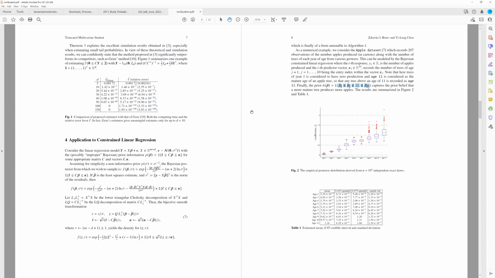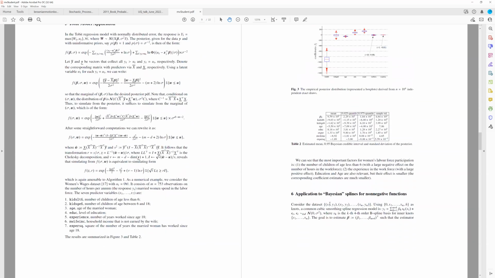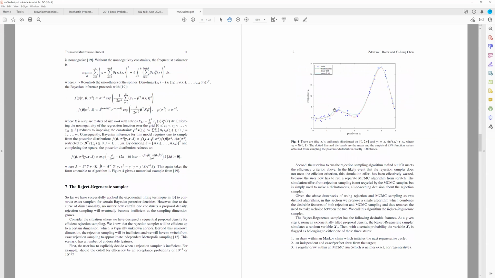A second example is the Tobit model I mentioned. A third example is Bayesian splines. You may want to interpolate certain data, and you may want your interpolator to be non-negative. These data could be quantities which we know cannot be negative, so your smoothing spline should not take negative values. This immediately imposes a set of linear constraints on your spline.